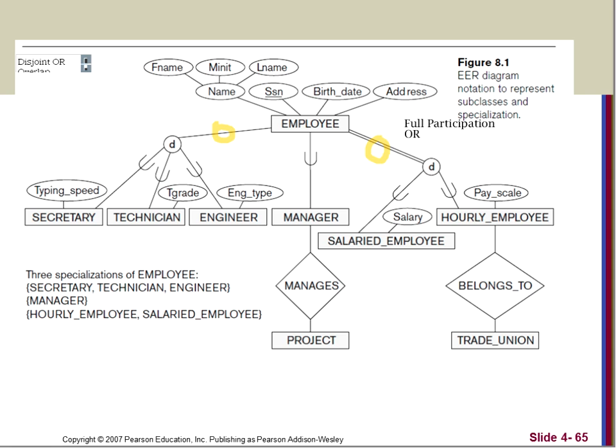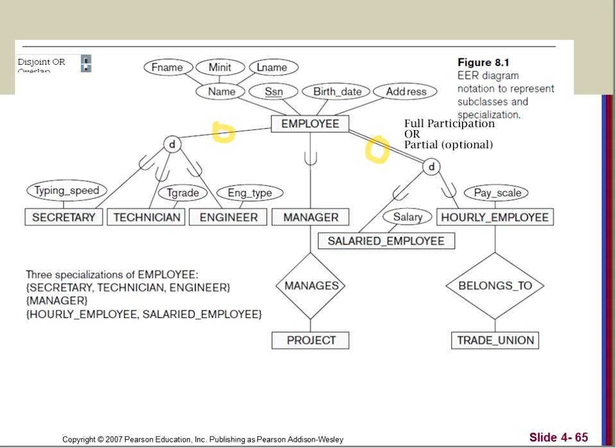Partial means optional. So in case of a double line, all the employees should be either hourly or salaried. There is no other employee who does not belong to one of these. At that time, it's a double line, it's a full participation.